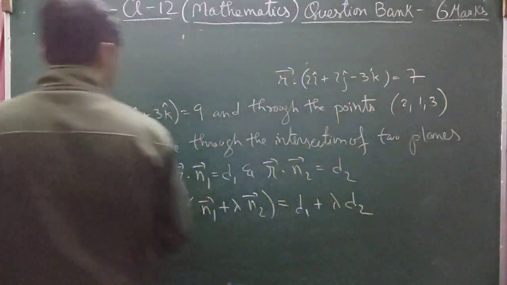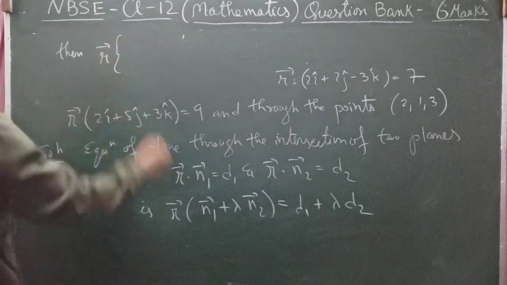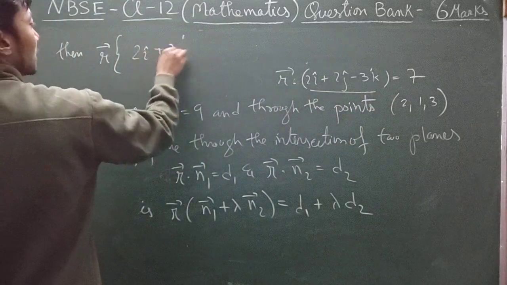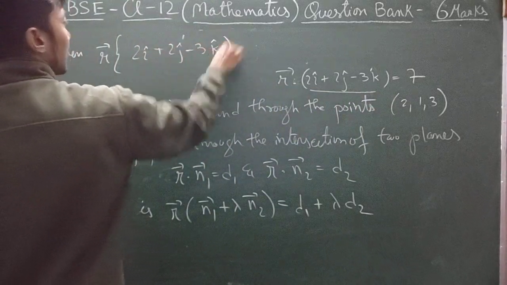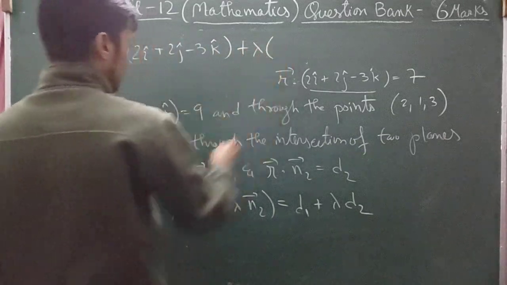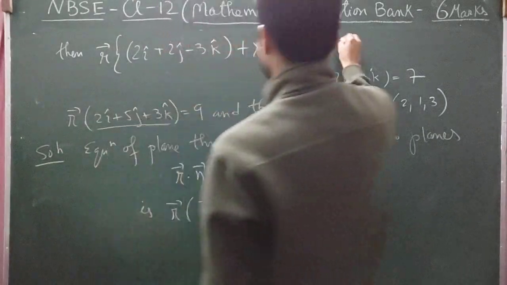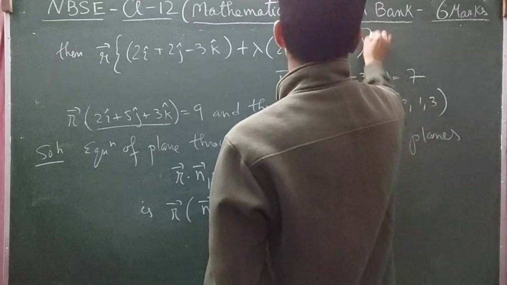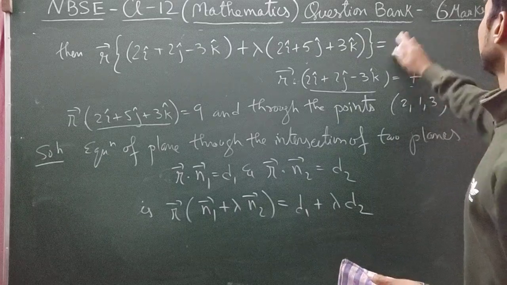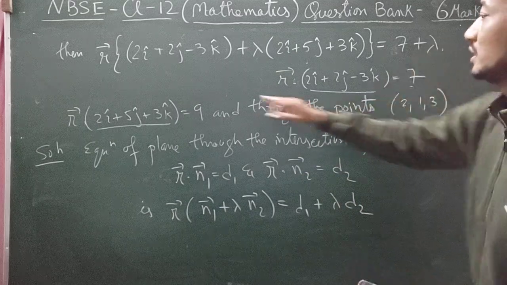So then what does our equation become? Then our equation becomes vector r dot, what was our n1 vector? The normal vector, this one, 2i plus 2j minus 3k, right, plus lambda into n2. n2 vector is this one, 2i plus 5j plus 3k is equal to d1, the perpendicular distance, 7 plus lambda into d2, that's 9.